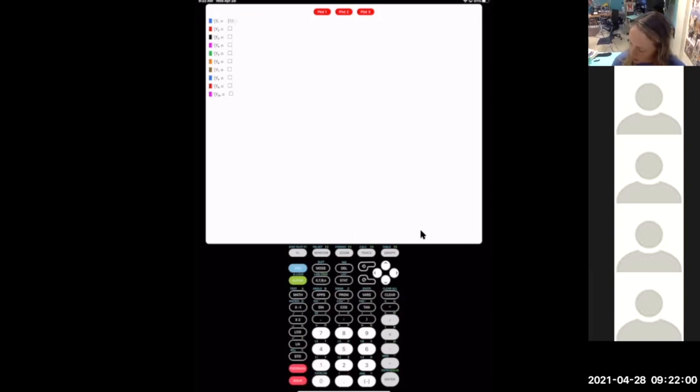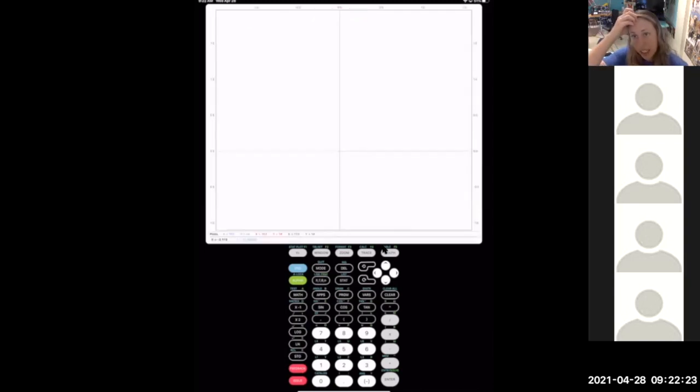So 10 times 0.85. Remember, to raise a number to the x power, you do the caret button. The caret button is right above the division button. And then we do x. Remember, x is right next to the green button. Then we hit graph.